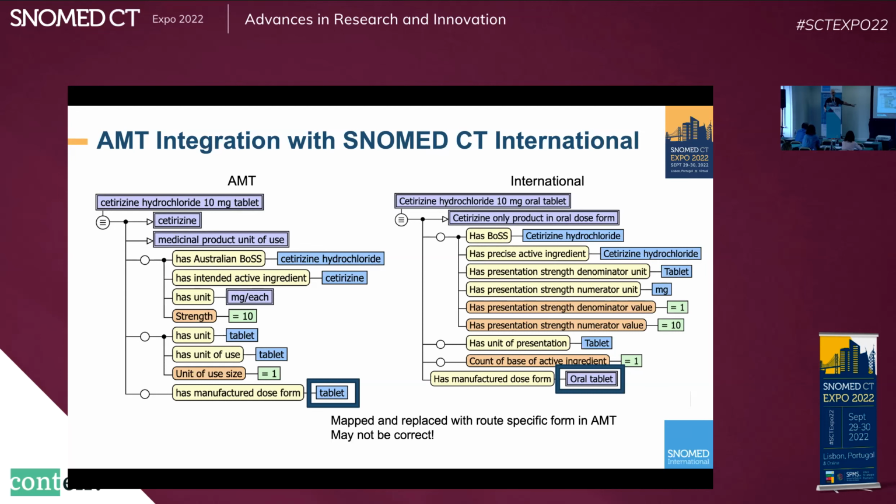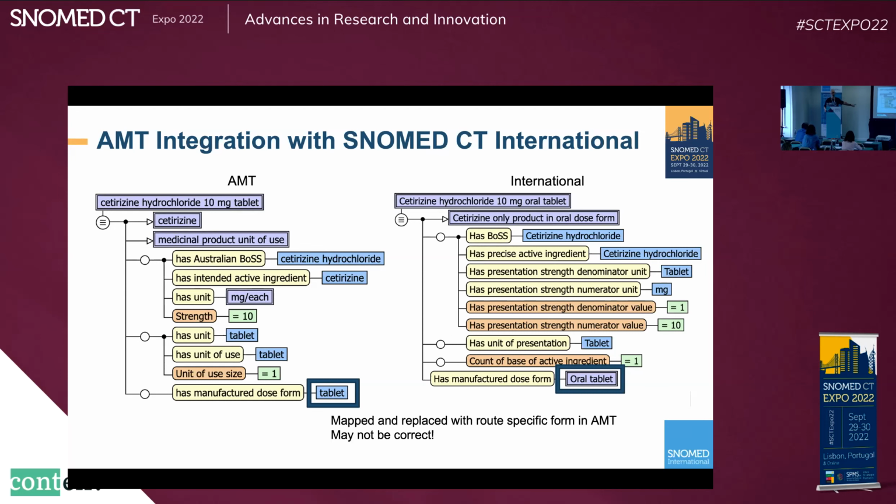So the alternative is to take the ECL approach, which essentially is saying, well, this is the definition of 500 milligram paracetamol tablet or capsule in the international edition. And that matches that concept in the international edition perfectly, and does the same thing in AMT as well, because that concept's still present from the international edition.